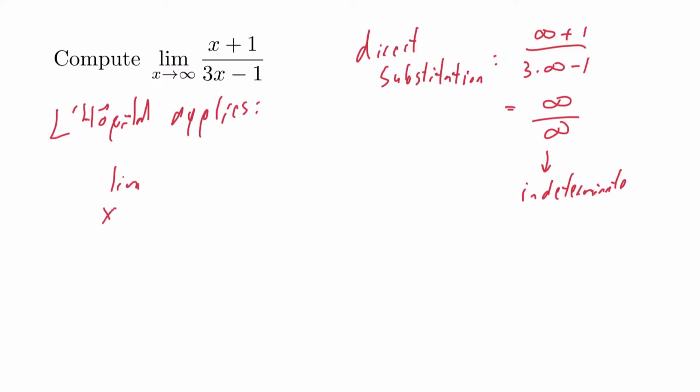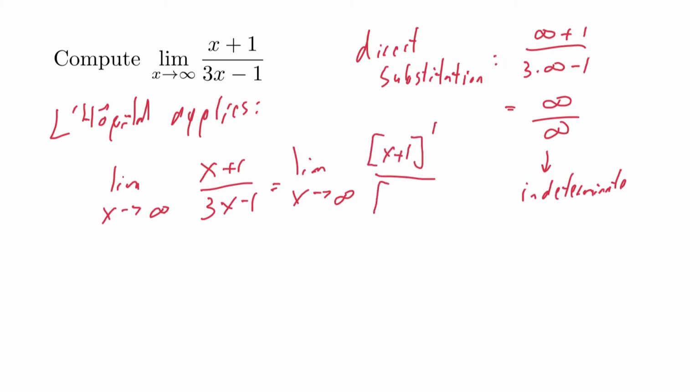So I can compute the limit as x goes to infinity of x plus 1 over 3x minus 1, which is equal to the limit as x goes to infinity of the derivative of x plus 1 over the derivative of 3x minus 1.